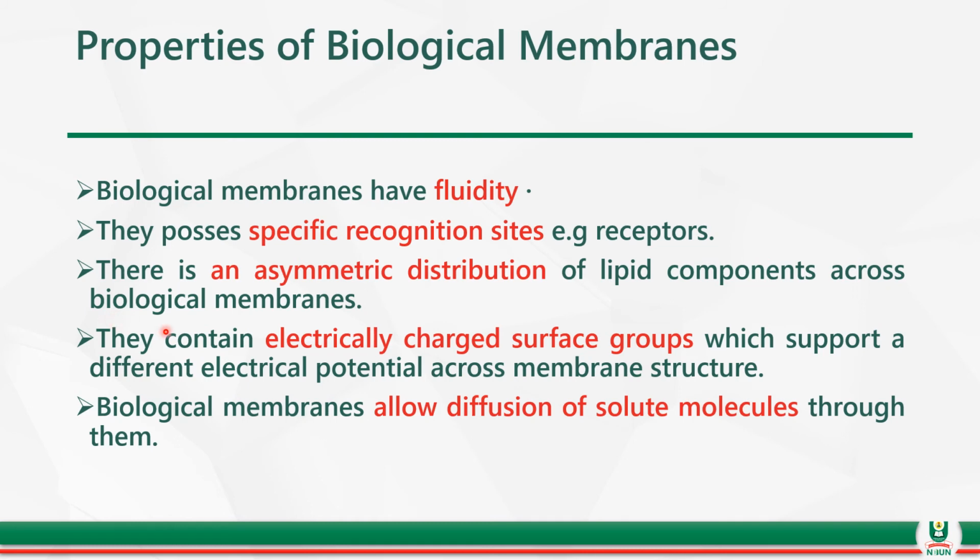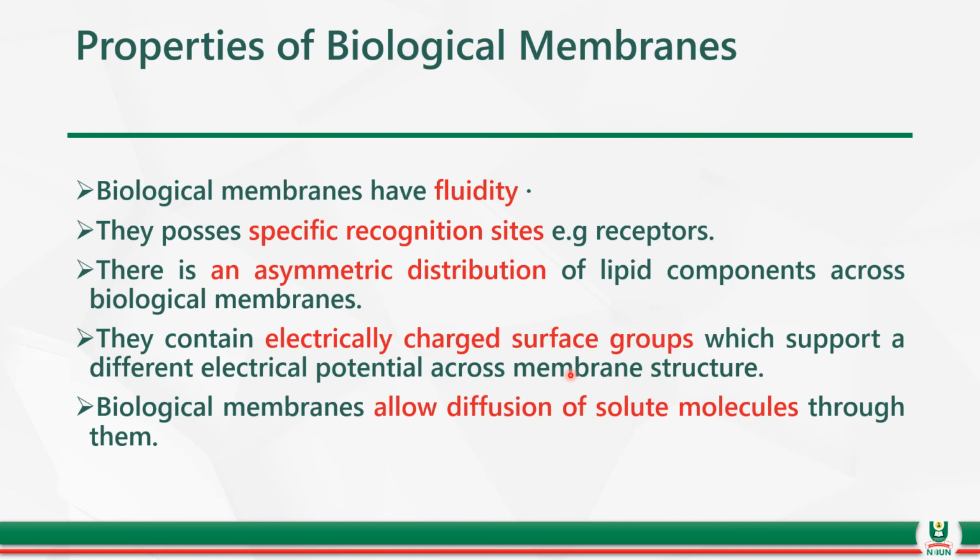Then another thing is that they contain electrically charged surface groups, which support different electrical potential across the membrane. This is especially important when you talk about nerve impulse and everything. These electrically charged surfaces allow for impulses and so many other things in the membrane.